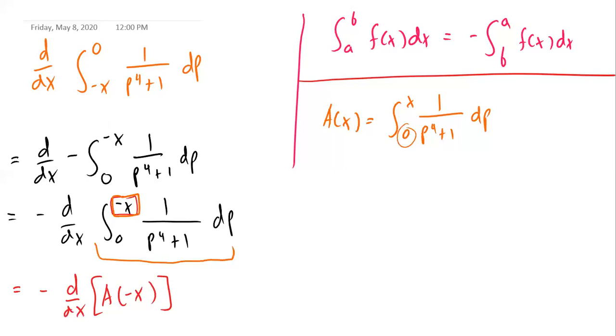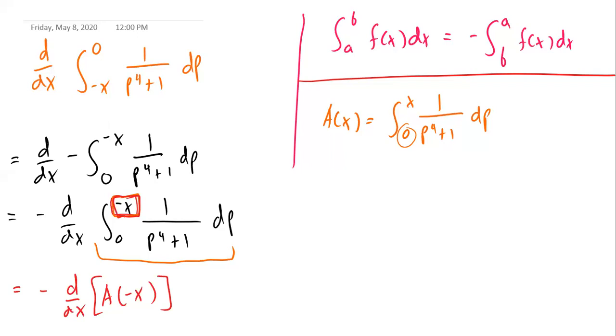That's a composition of the area function with whatever expression of x you have there. Of course, if it's just x, you can take the derivative by just replacing the p's with x's. Here, it's not just x, it's an expression involving x, so we have that negative in front of the x. So again, what's the trick? Write it as the area function, and the input is whatever you have here.